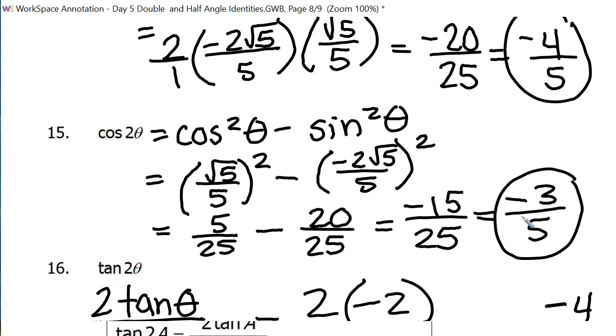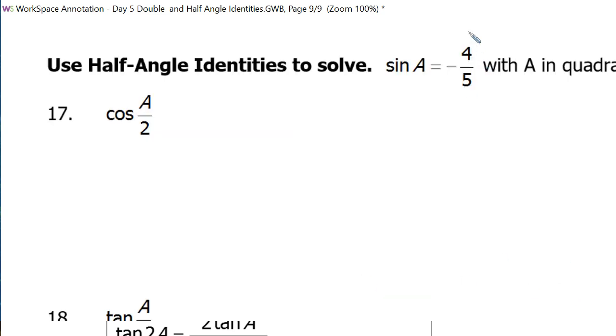Okay, the last 2, now we are moving on to some half angle identities. First thing we need to do is draw ourselves a diagram, and it says angle A is in quadrant 3. And they gave a sine, which would be opposite over hypotenuse. Now which side should be negative?